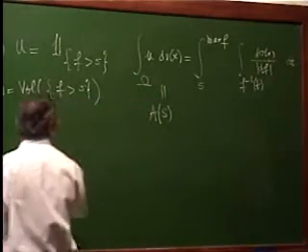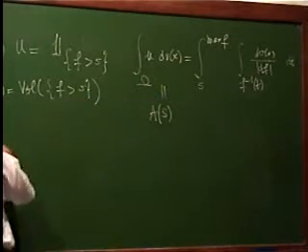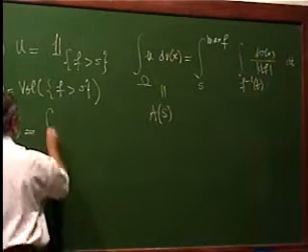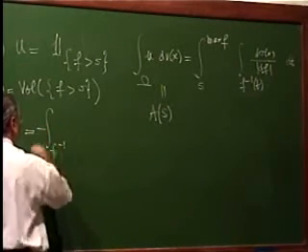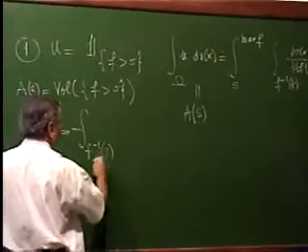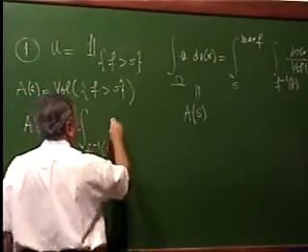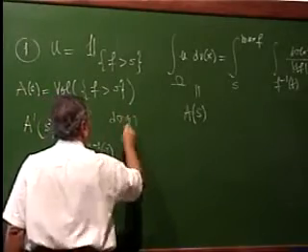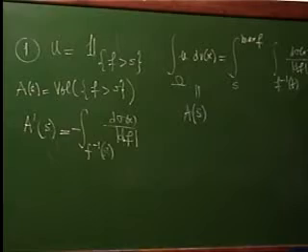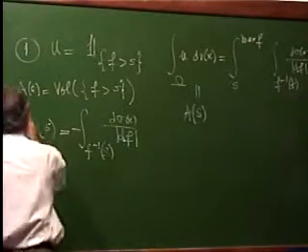And so what you have is that A prime of s is minus the integral over the level set f^{-1}(s) of d sigma over the length of df. So that's the first interesting formula.